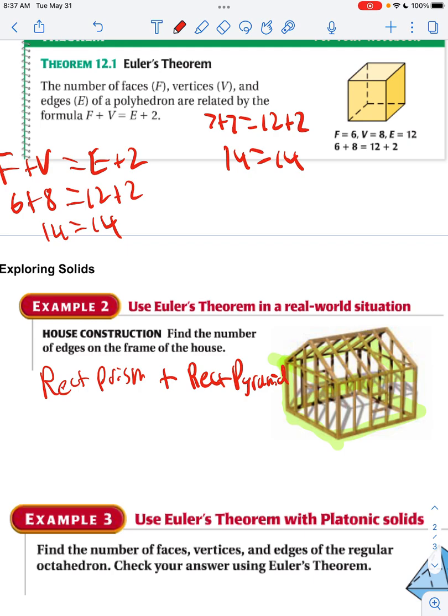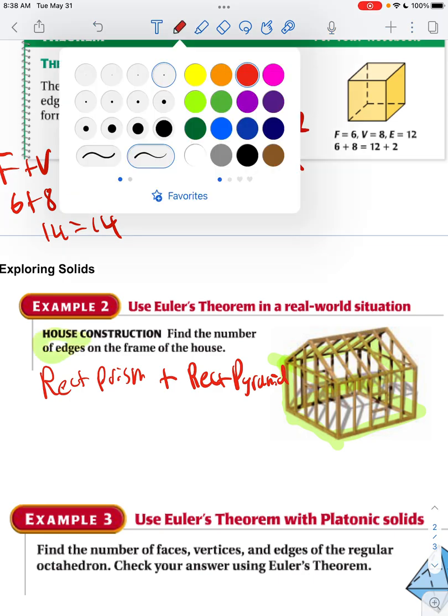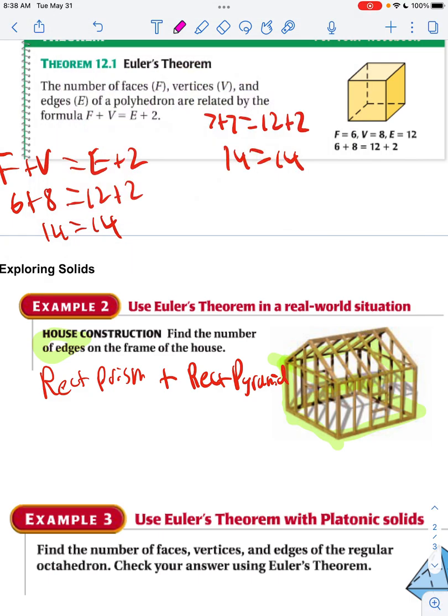So if I just think about the rectangular prism, I'm looking for edges. Well, I know that a rectangular prism has 1, 2, 3, 4, 5, 6, 7, 8 vertices. So I'm going to do 8, and then it also has 1, 2, 3, 4, 5, 6 faces.